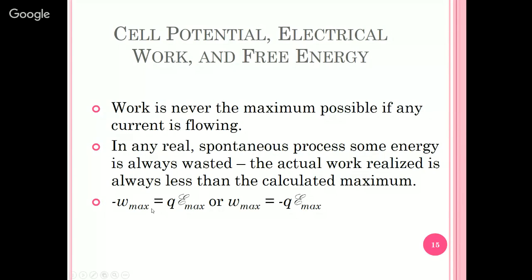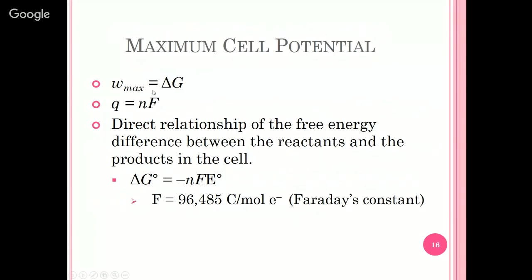Here's an equation. The maximum amount of work is going to equal the charge times the potential. Here is negative work, and here we've just flipped the signs around. Also from Gibbs free energy, this tells us the maximum amount of work that we can get.